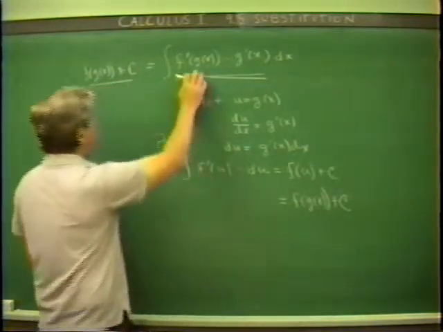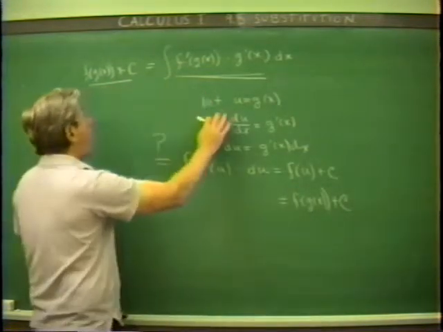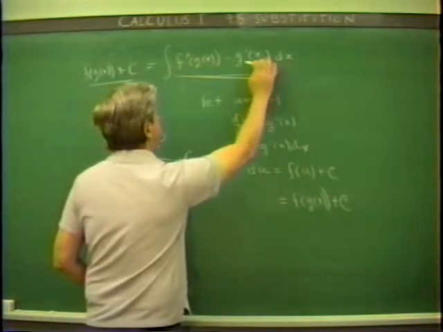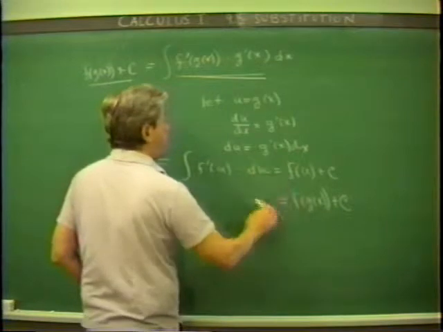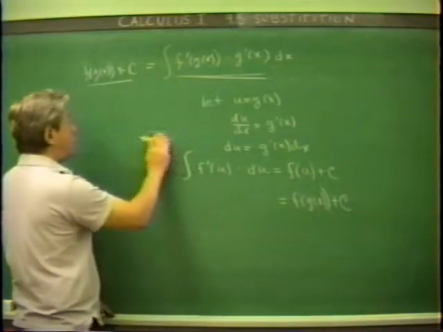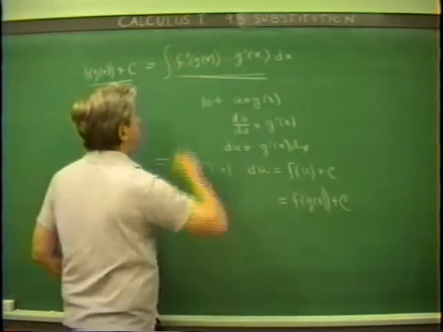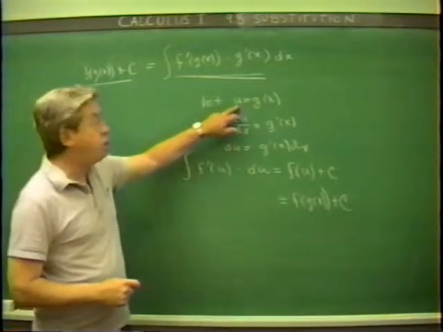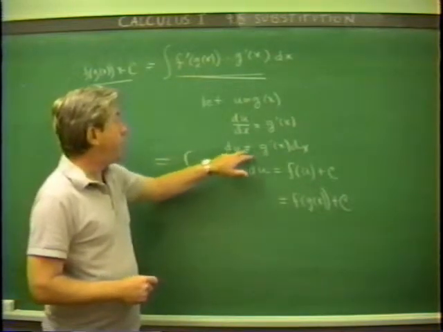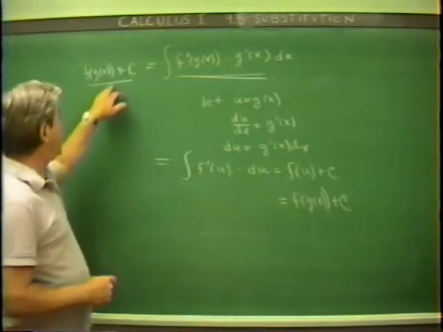And now here we find that we've got f of g of x plus any constant if we do this directly. We've also got f of g of x plus any constant if we make this substitution, carefully also changing the g prime of x dx to du, and then anti-differentiate and substitute back. And so that removes this question mark here. That's to say, you can anti-differentiate this right here if you make the substitution u equals g of x, and complete the substitution so that everything is in terms of u, letting du be g prime of x dx.